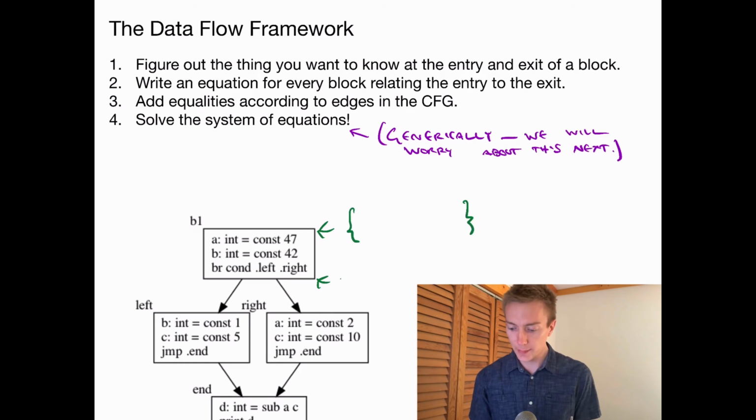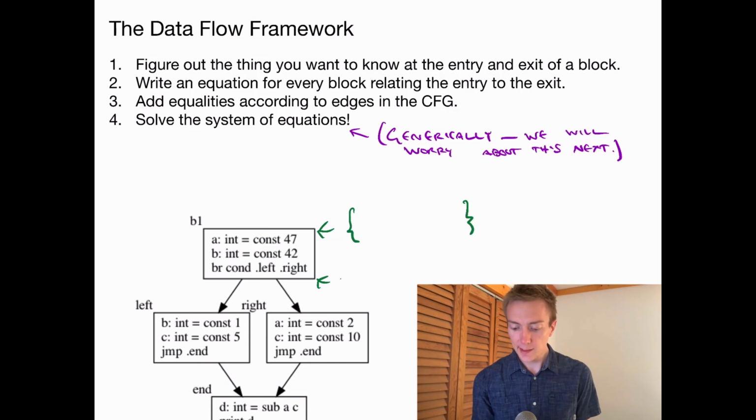Then the rest of the CFG comes in the next step in the recipe, which is to add equalities that set up equations according to the edges. That is, for example, that the quantity at the end of this basic block must be related to the quantity at the beginning of a basic block that it jumps to.